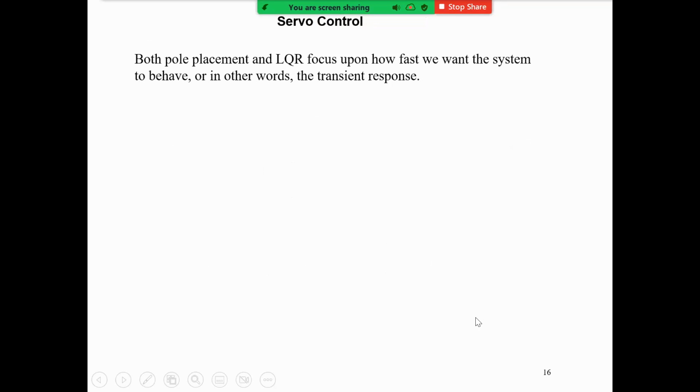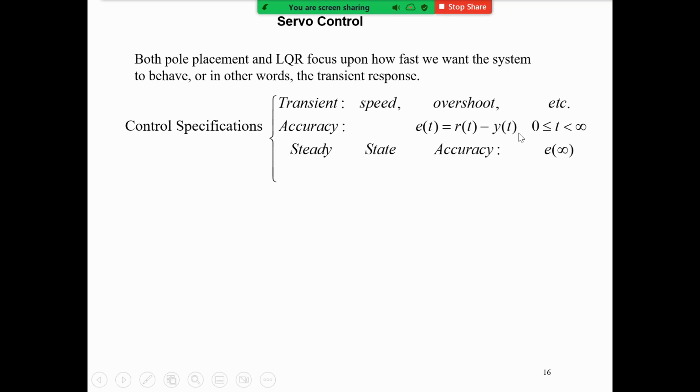Now, the third topic we talk about is servo control, because both the pole placement and the LQR focus on how fast we want the system to behave. But we haven't solved the problem of how accurately your output can follow the desired output.